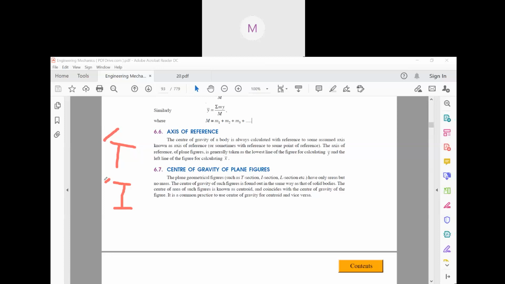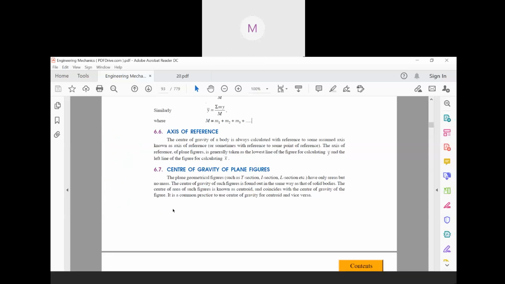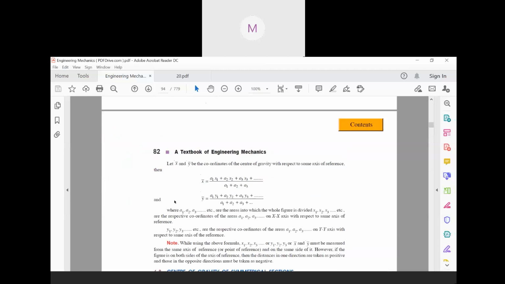Now the center of area of this particular figure T, suppose the central point is here. So this point is known as what? Centroid. Okay, and it generally coincides with the center of gravity of the figure, right? So in this way we will find out. Now how will you find out the coordinates?